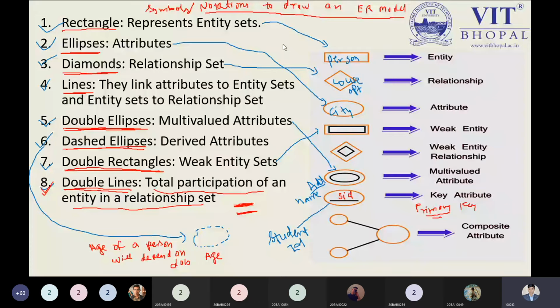So the attribute followed by the key becomes the key attribute, and definitely we have the primary key, so no duplicacy will be there, and every record will be unique. That is the only point.